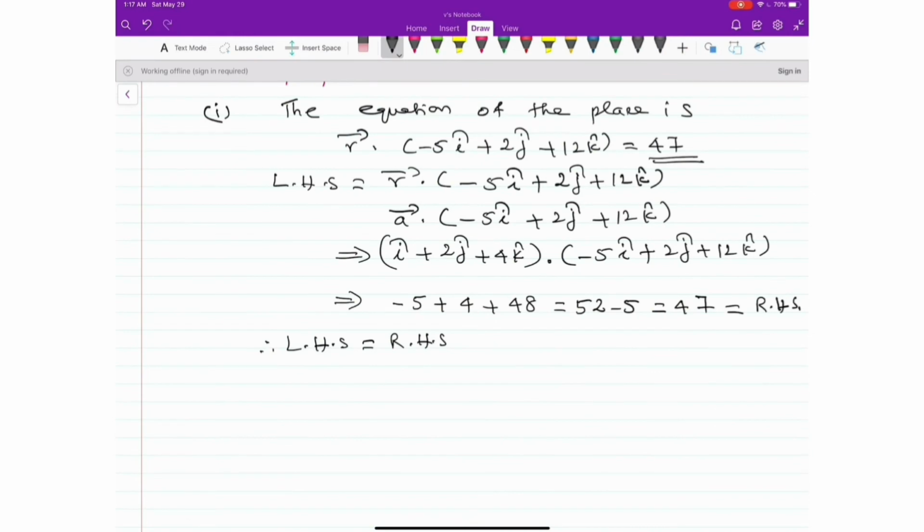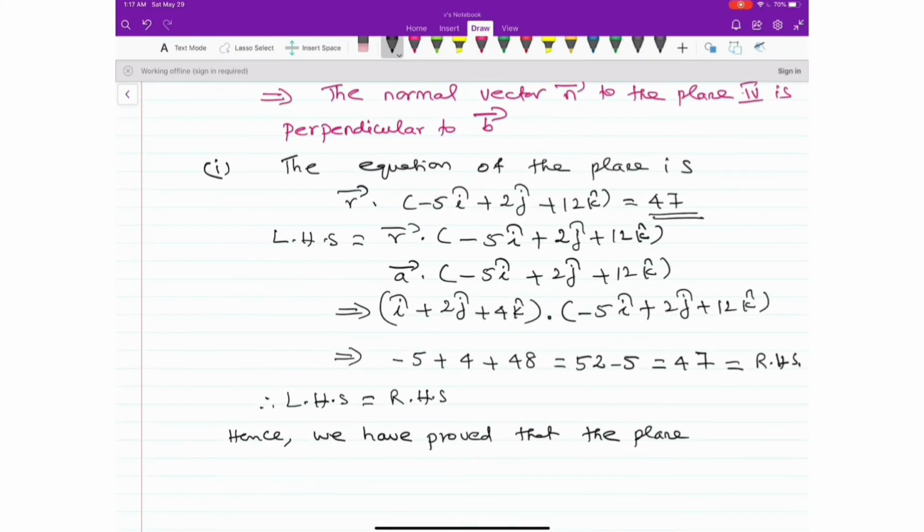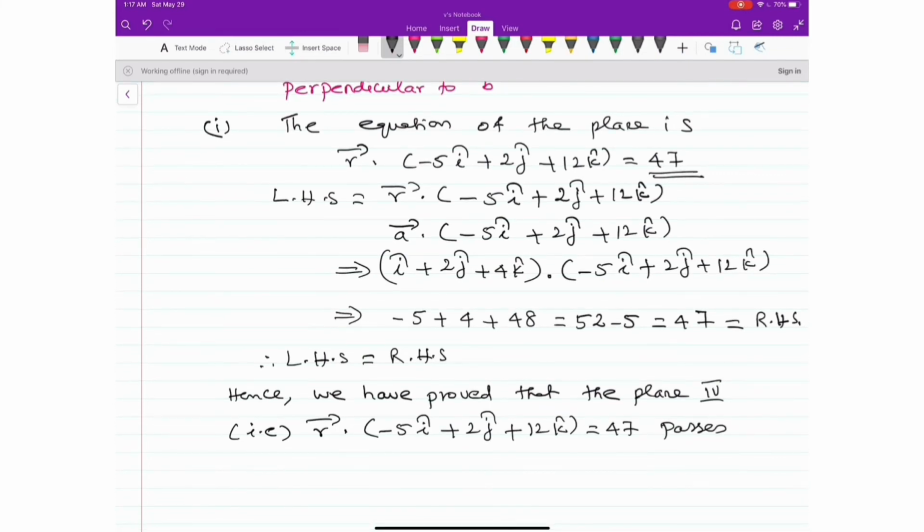So, what have we proved here? Hence, we have proved, and everything should be written by you in your answer sheet, that the plane 4, that is vector r dot (-5 i cap + 2 j cap + 12 k cap) equal to 47, passes through the point with position vector A equal to i cap + 2 j cap + 4 k cap.